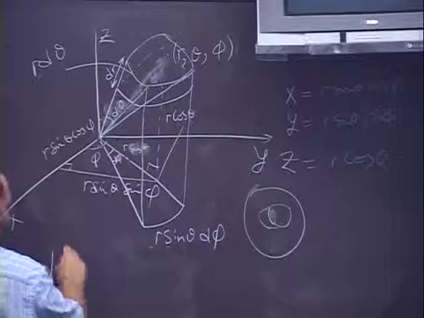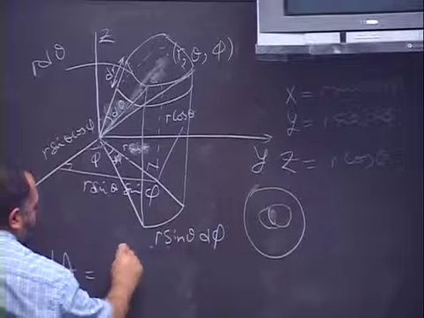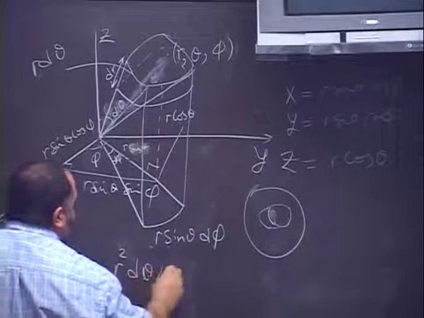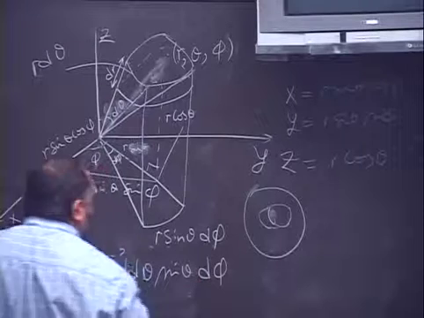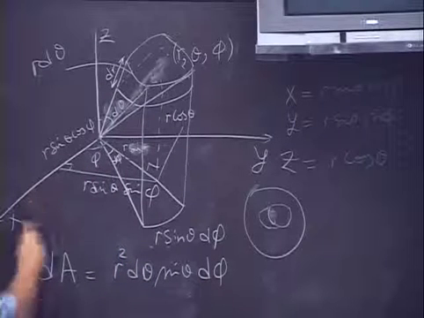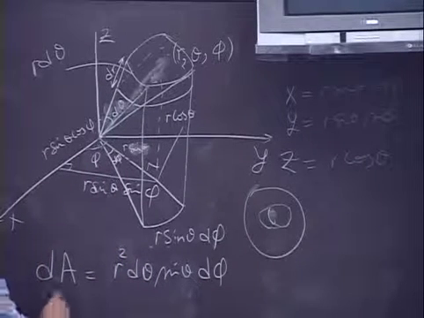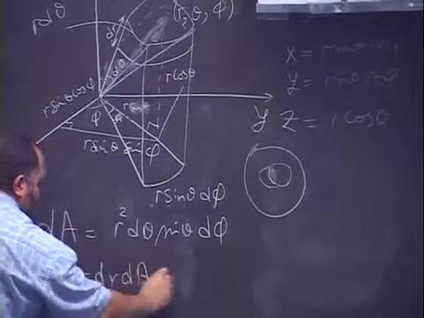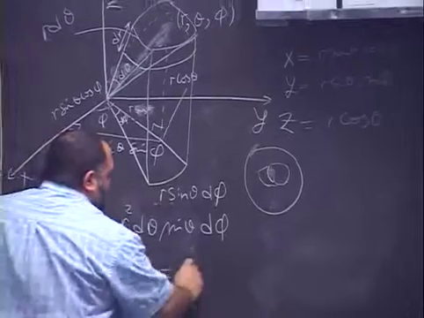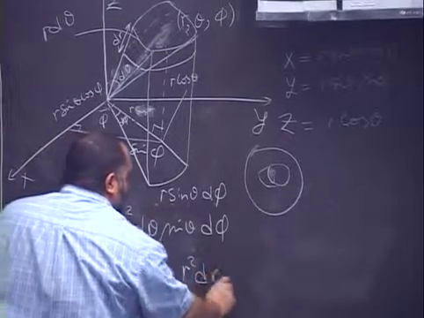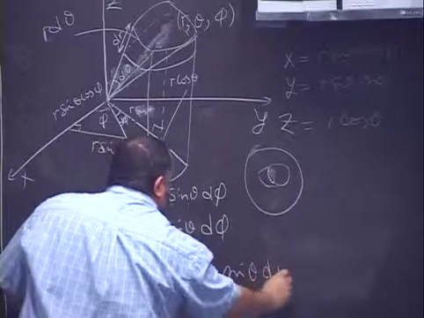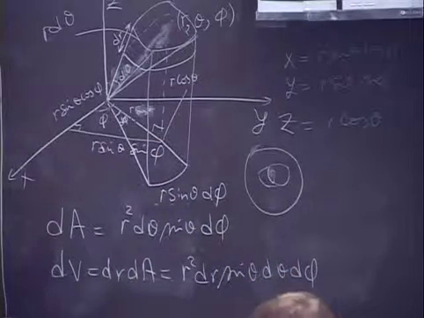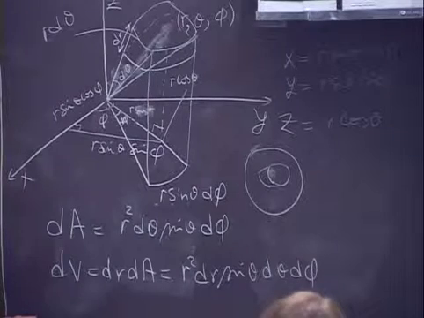So delta A is just what? R square delta theta sine theta delta phi. And what's the volume now? It is delta r multiplied by delta A, and this equals what? R square dr sine theta d theta d phi. Did you get it? Guys, did you get it?